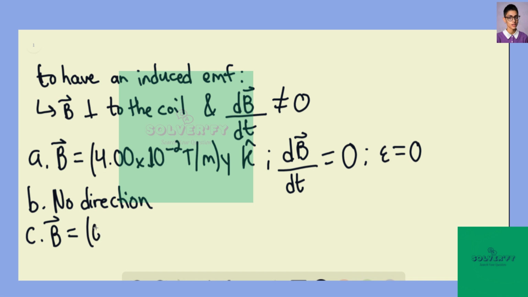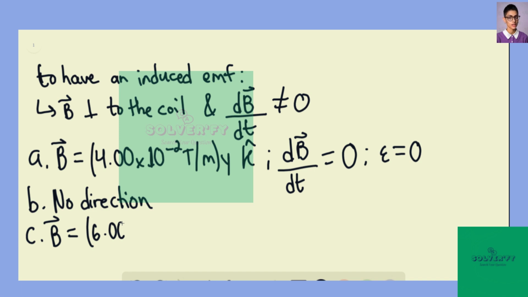And so this is going to equal 1.00 times 10 to the negative third multiplied by t. We can then say that the EMF would be equal to negative the change in the magnetic flux, again with respect to time, and this would simply be equal to negative 1.00 millivolts.